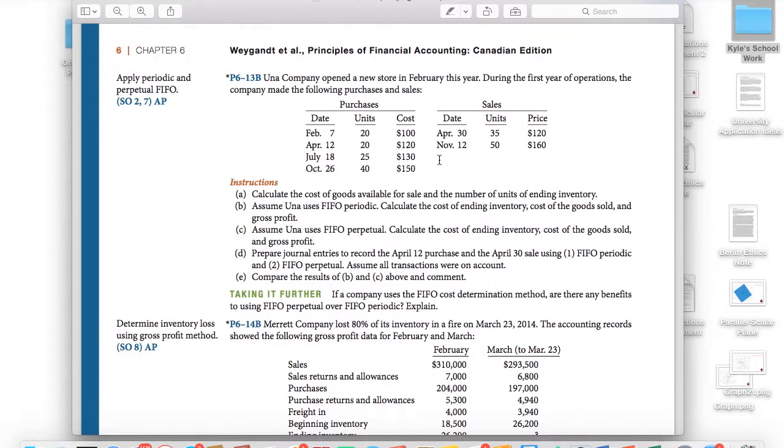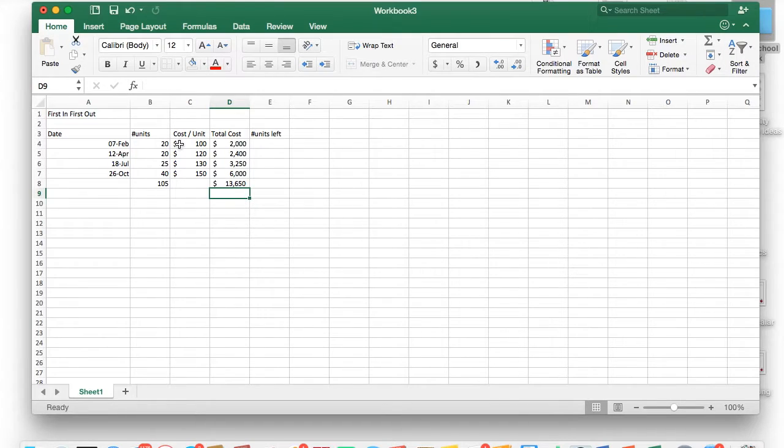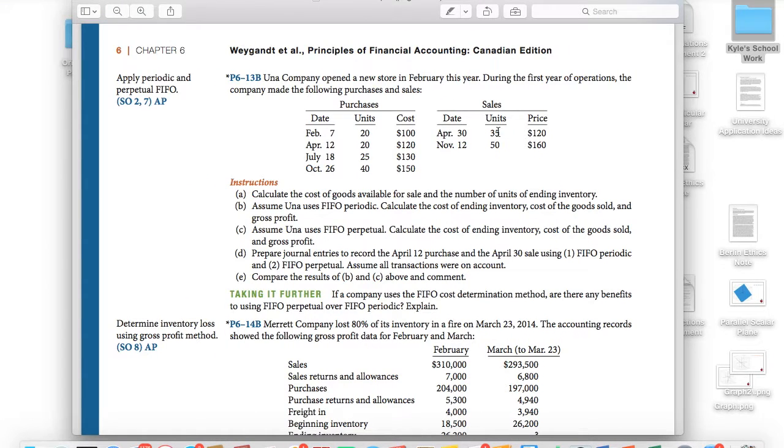So we have a sale of 35 units. Here we had a purchase of 20 units. Now 20 will be completely used up, so that's why I'm going to leave a 0 here in the number of units left. These 20 units were sold as a part of this sale of 35.